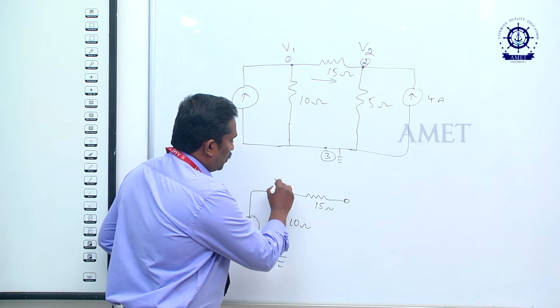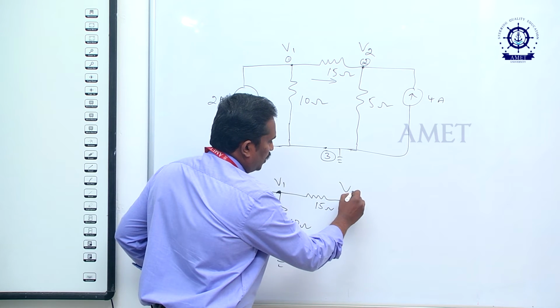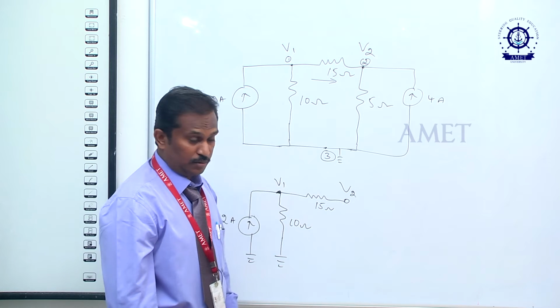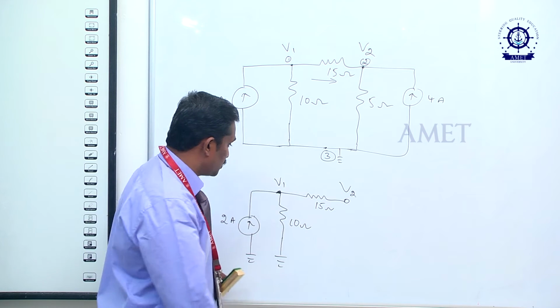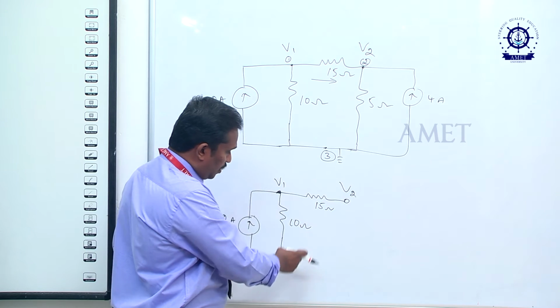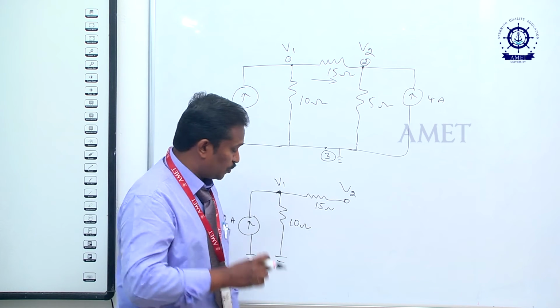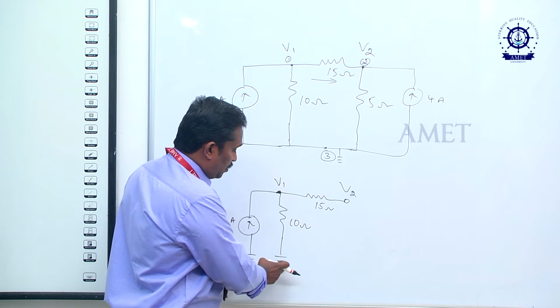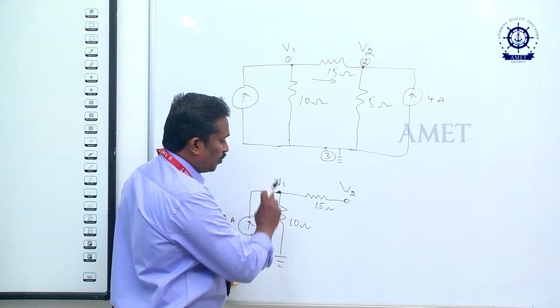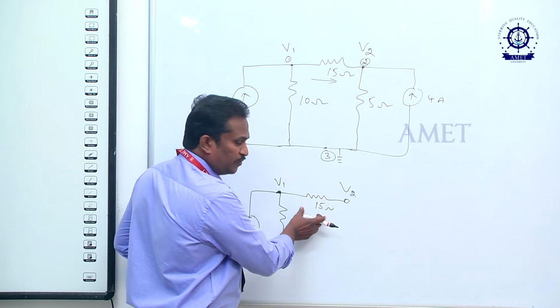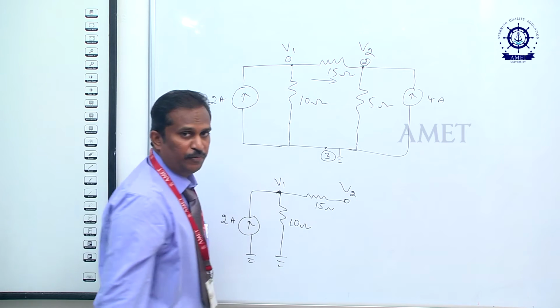Here at node 1 the voltage is V1, at node 2 the voltage is V2. For this 10 ohm resistance, at one end the potential is V1 and at the other end the potential is 0, because it is connected to the ground. So with respect to ground, the voltage across the 10 ohm resistance is V1. With respect to node 2, the voltage across the 15 ohm resistance is V1 minus V2.